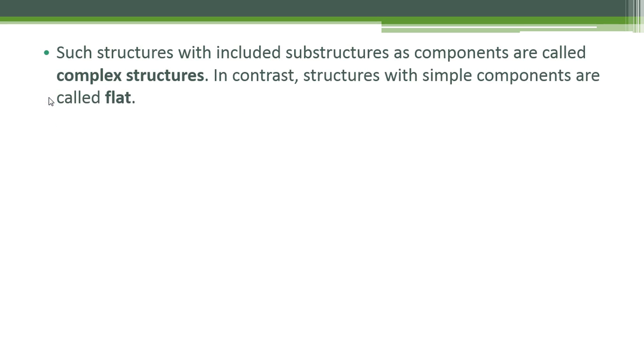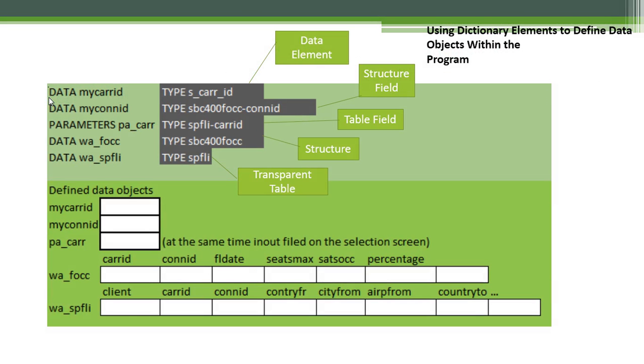Such structures with included substructures as components are called complex structures. In contrast, structures with simple components are called flat. Using dictionary elements to define data objects within the program.